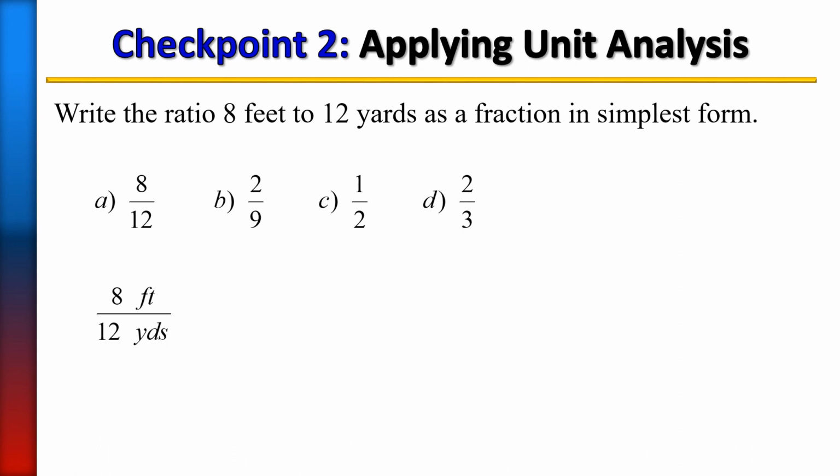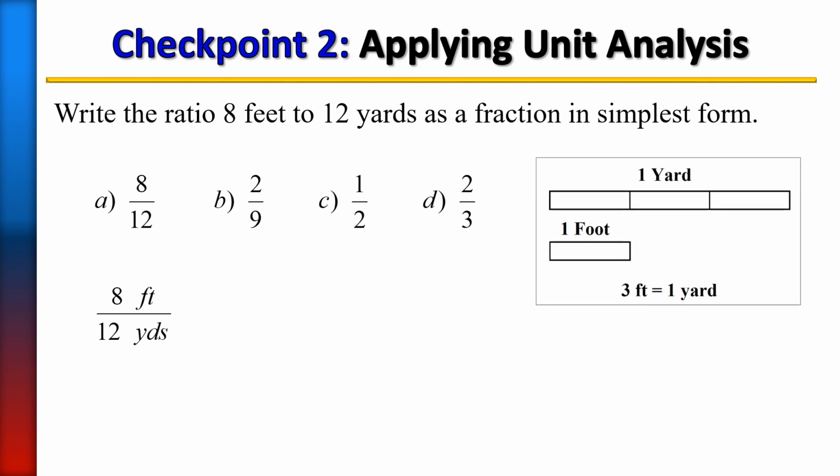Now it might be easiest to turn the 12 yards in the bottom of that fraction into feet. The reason for that, if you ever notice a yardstick, is that there are 3 feet in 1 yard.